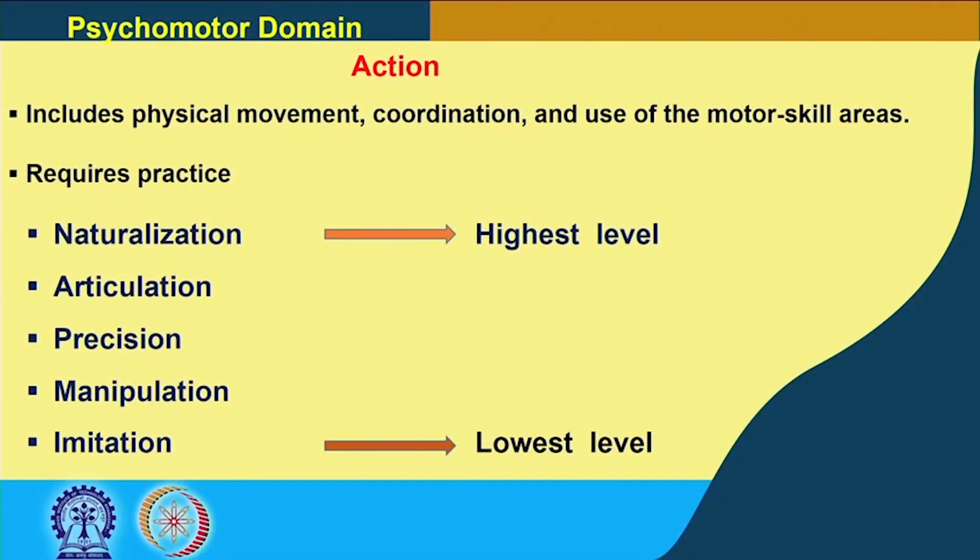If you remember the example of bicycling, you can explain the subdomains of the psychomotor domain of learning: imitation, manipulation, precision, articulation, naturalization.